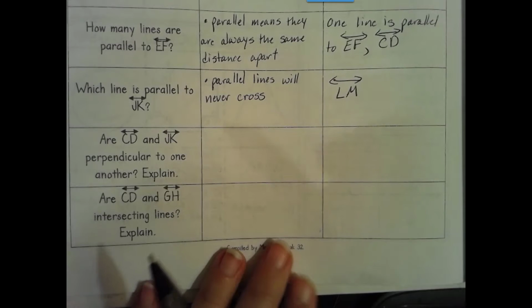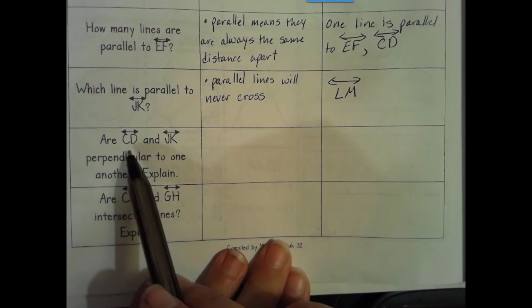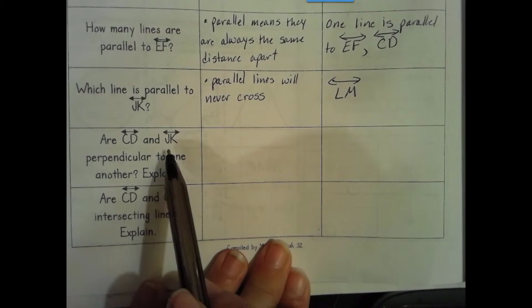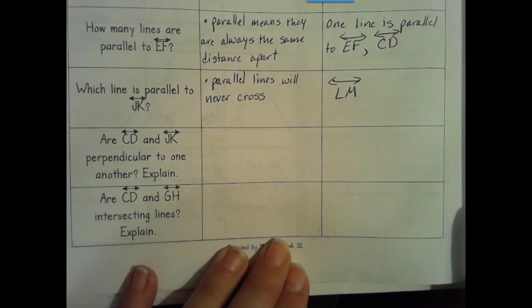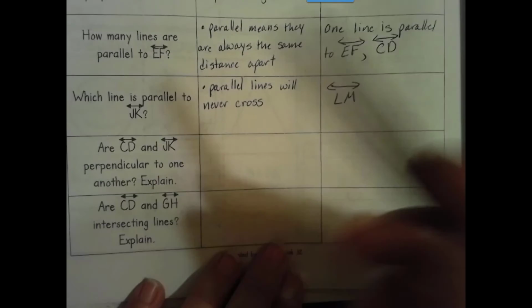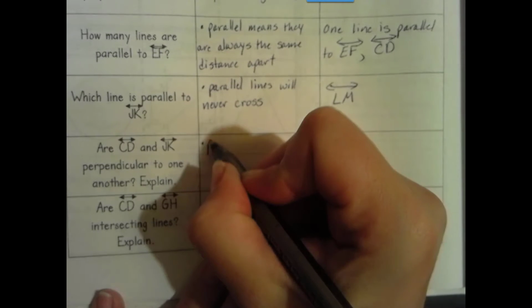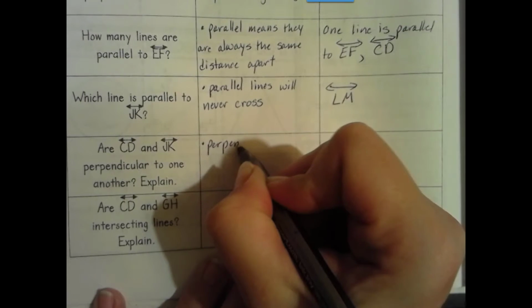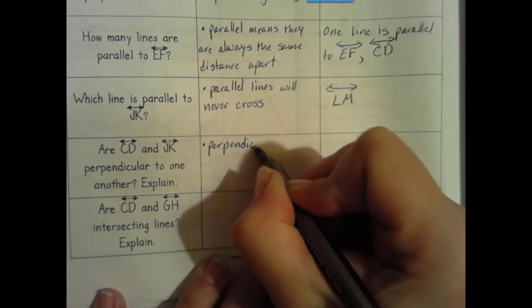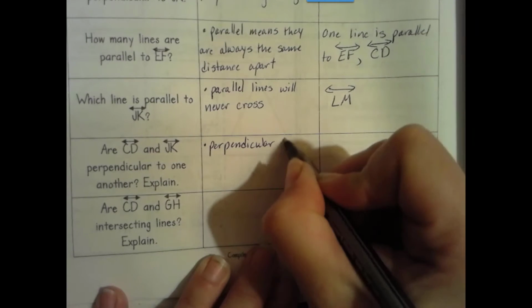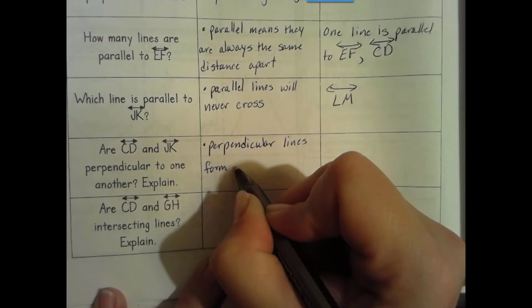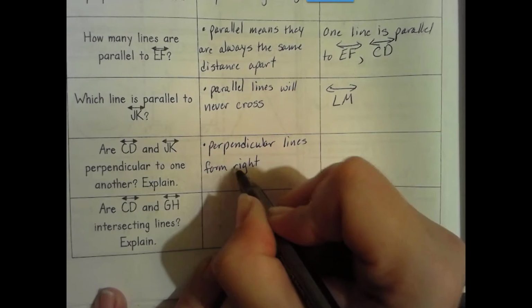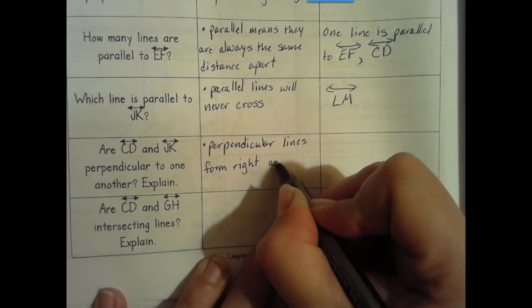Okay, next question. Are line CD and line JK perpendicular to one another? Explain. Okay, well, first let's think: perpendicular lines form right angles.